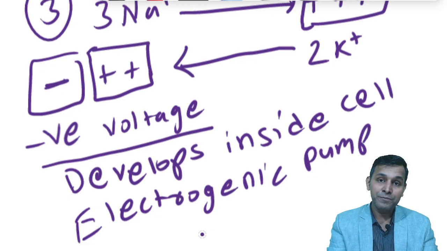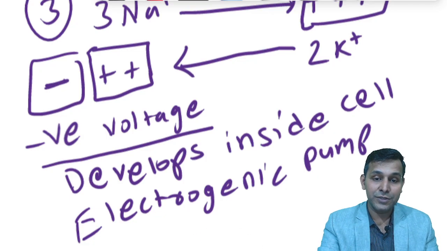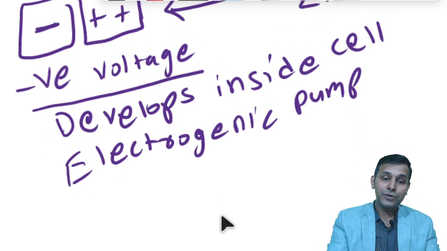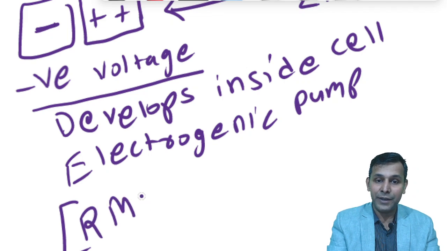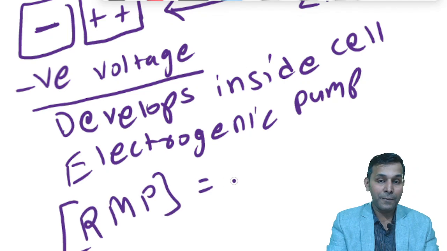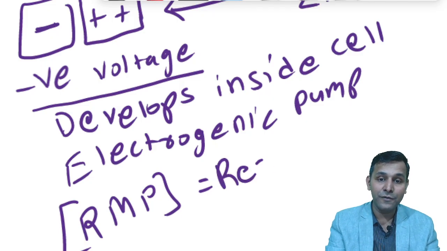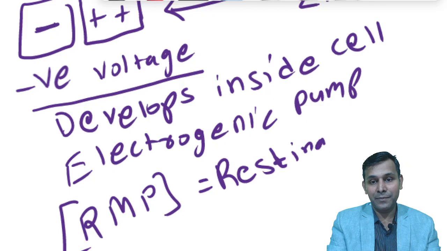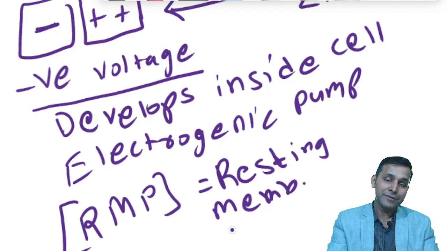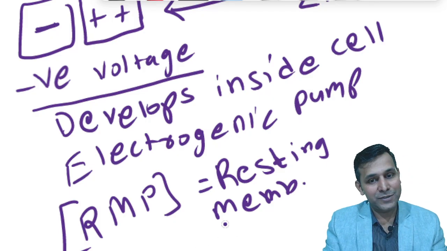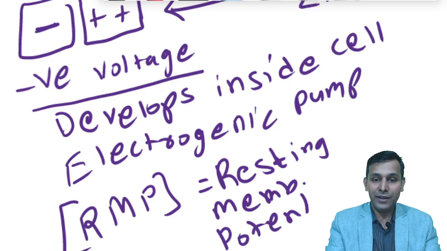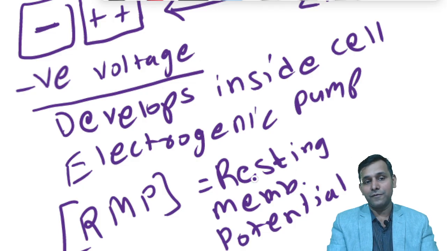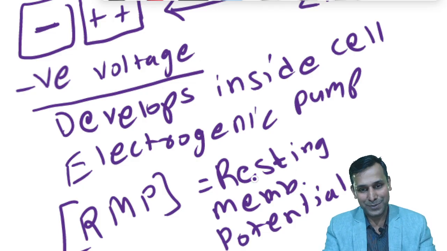And in this way, this pump contributes in a very important manner to the development of RMP, that is resting membrane potential, which we'll be studying in our other sessions of nerve muscle physiology and general physiology. So resting membrane potential is also because of the sodium potassium pump.